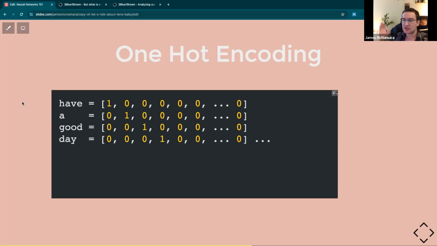Every word is represented by a 10,000 element list, where the nth element of that list is a 1 if it's the nth word in my vocabulary. So here, have a good day: have is 1, a is 2, good is 3. And you can see the position of each 1 is telling us what word it is. We're basically just giving a flag to every single word in the vocabulary.